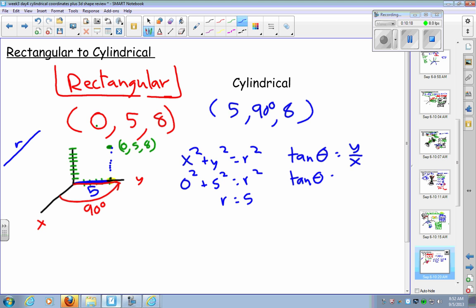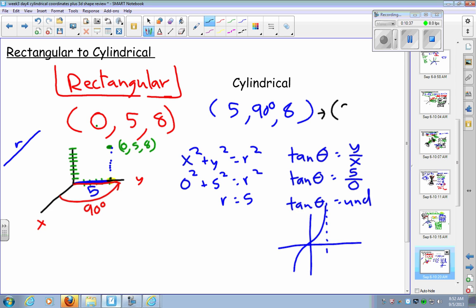Tangent of theta is 5 over 0. When is tangent of theta undefined? And visually, that's at 90 degrees, or probably better yet, you might also want to get used to calling it pi over 2. So the cylindrical point is (5, pi/2, 8).